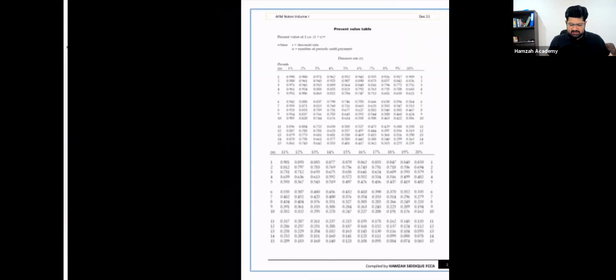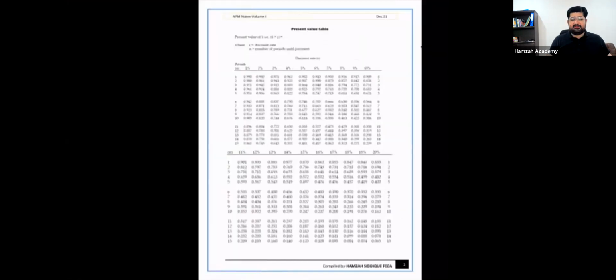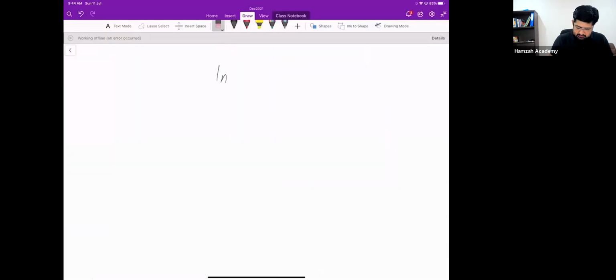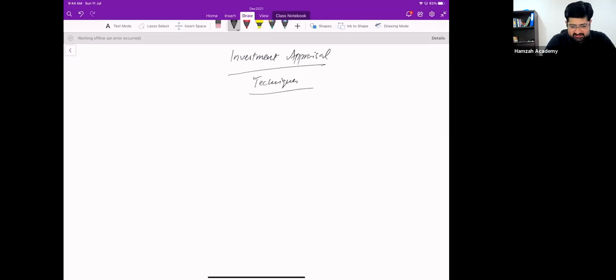Now, let us start with the investment appraisal techniques.